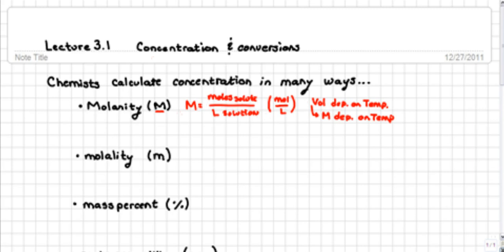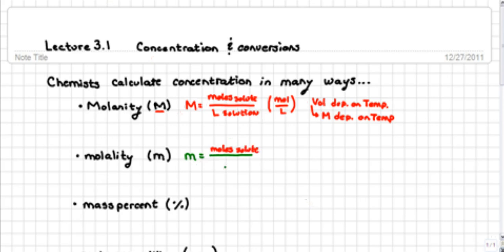Now, to avoid these sorts of temperature-dependent behaviors, the chemist has also invented a different type of unit known as molality, and it's abbreviated with a lowercase m. Now, molality shares some of the molarity definition, namely that the moles of solute still appear in the numerator of this fraction.